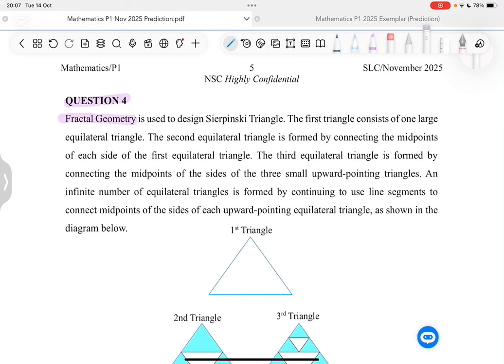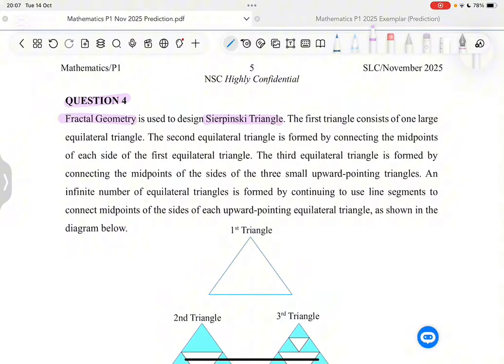Now here we use fractal geometry to actually design what we call the Sierpinski triangle. A Sierpinski triangle is named after a great Polish mathematician called Wacław Sierpinski. He was a very interesting character.